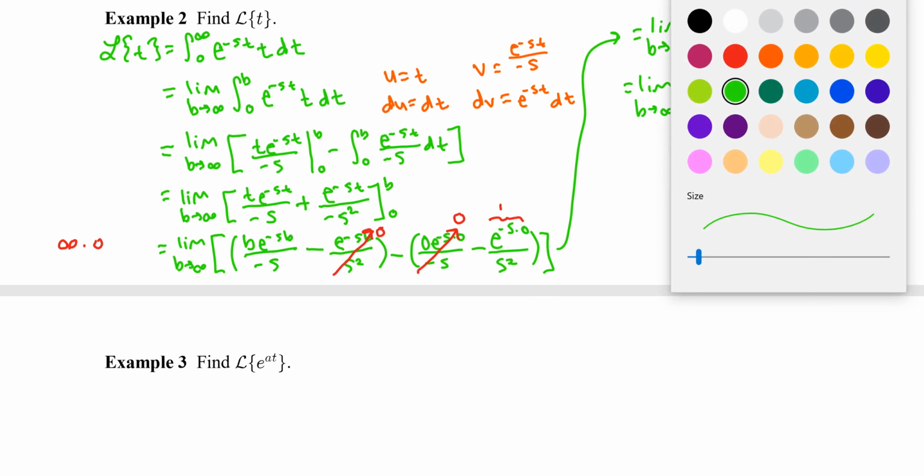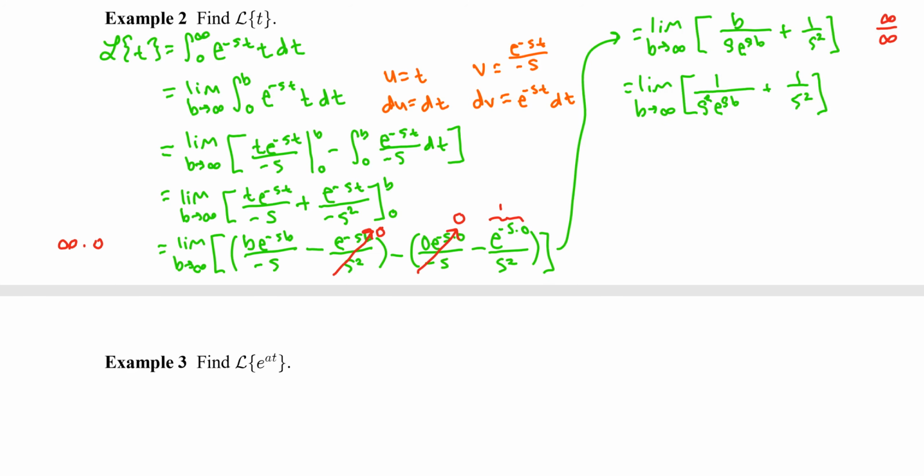Now, reevaluating that limit, we now have 1 divided by e to the infinity, which is 1 divided by infinity. That term now goes to 0, and we have calculated our Laplace transform. The limit of a constant is a constant. We can say, therefore, the Laplace transform of t equals 1 over s squared.